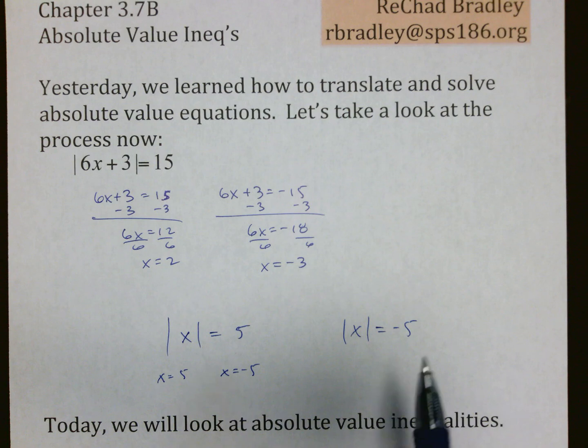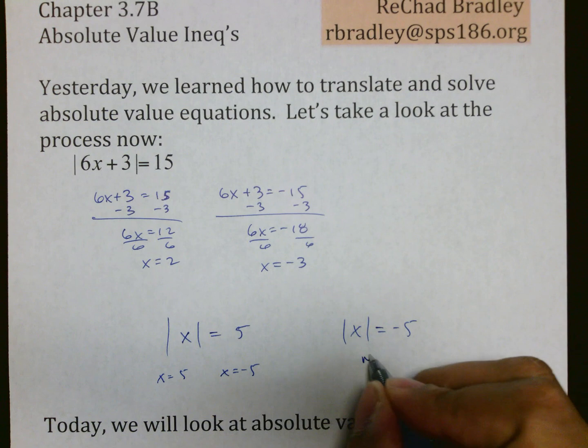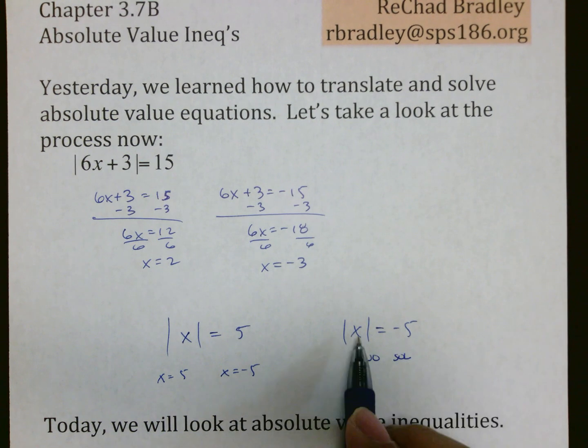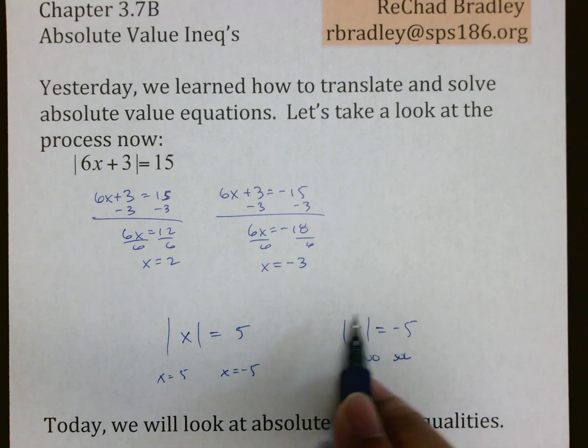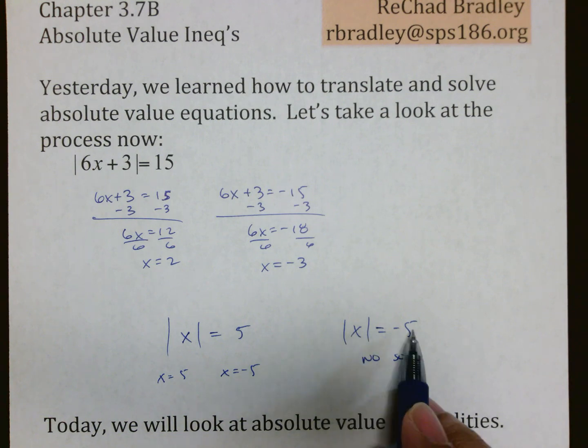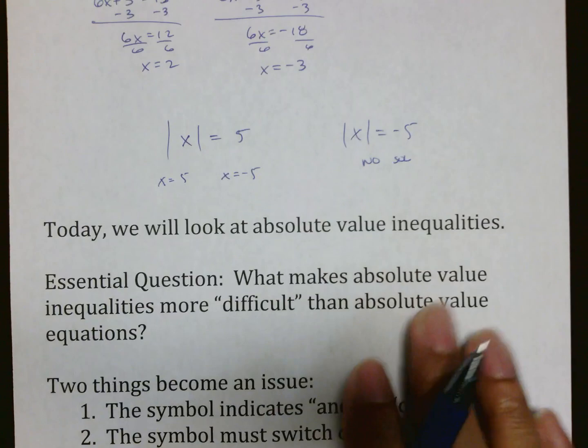Well, if I put a 5 in, it's going to turn positive. Even if I put a negative in, it's going to turn positive. This is why it was no solution, because the absolute value cannot equal a negative number. It doesn't mean you can't have a negative number, but if the absolute value portion leads to a negative number in the equals portion, then that's not going to work. So that was what was throwing it off.